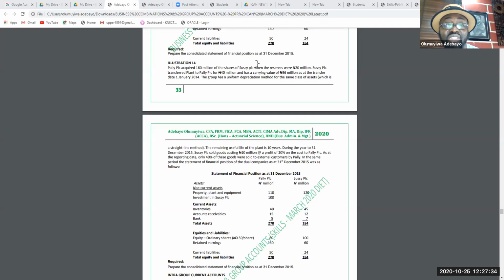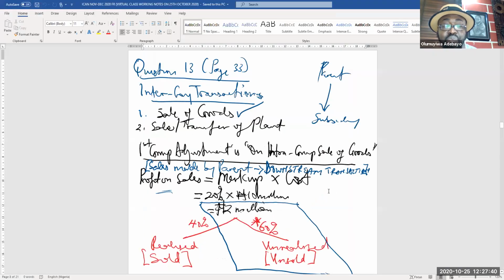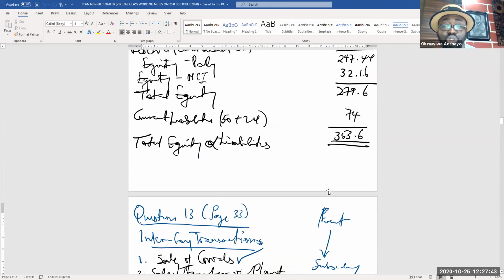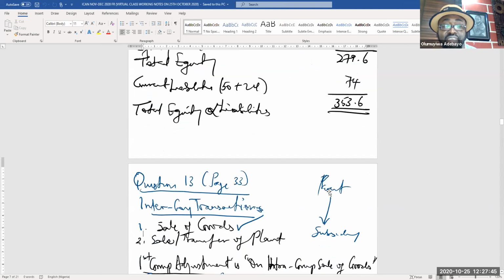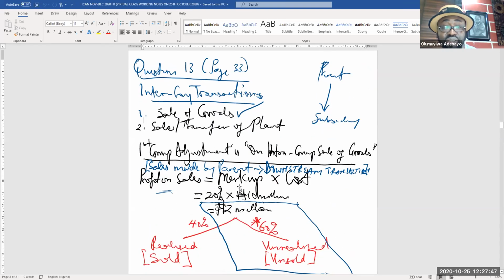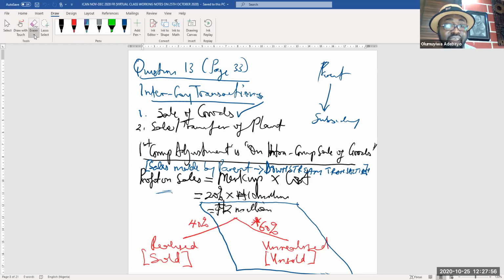Now, the first thing I want you to know is, let me show you what I'm doing at the back end that you are not privy to. I'm sharing it now. I've copied the exact solution I made in question 13. I've copied it here as question 14, and I'm going to explain it one by one. I'm going to try to clean up some things here.